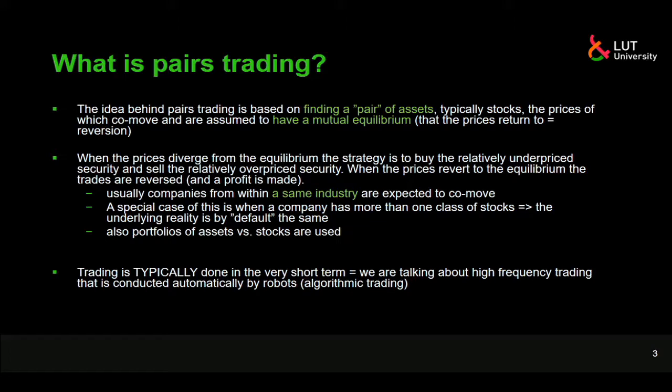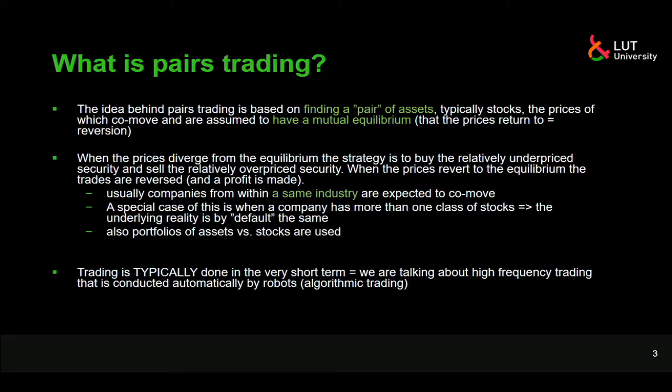And they are assumed to have what we can call a mutual equilibrium. So when they move together, we believe that they will come back to that equilibrium if, at some point, the prices of these assets depart from each other or from that equilibrium.